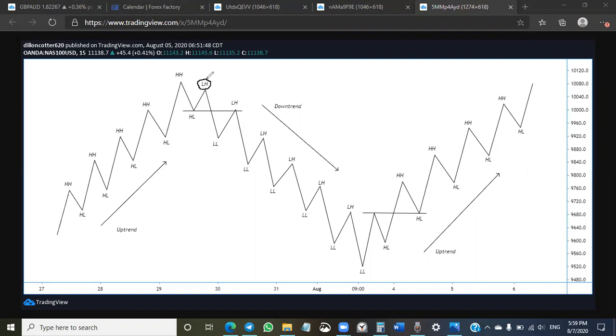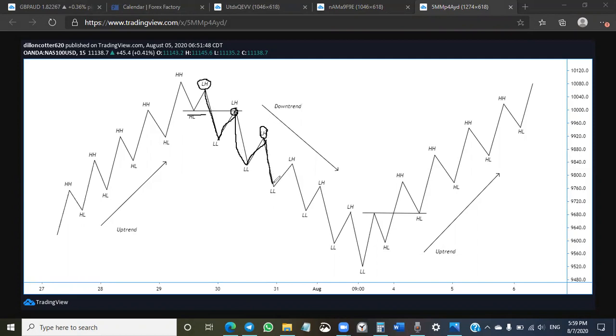We have a lower high that breaks through a low point, and structure retests structure, breaks through structure, retests structure, creating that new lower high, signifying that we are now potentially in a downtrend.